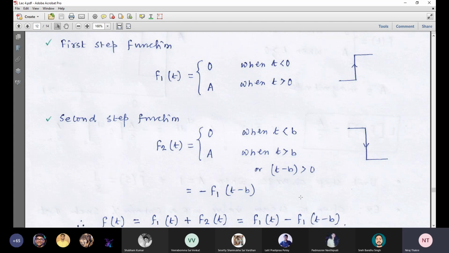Anyway, fine. You got the answer? I'm trying, sir. Okay, do it. See, Laplace transform of this one is very simple, I think. Let me ask a couple of more students.